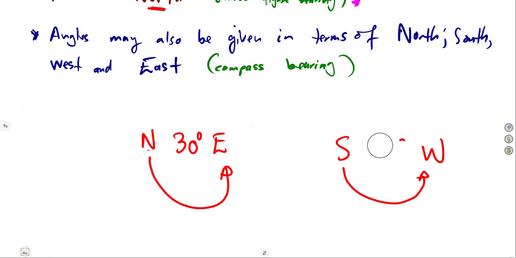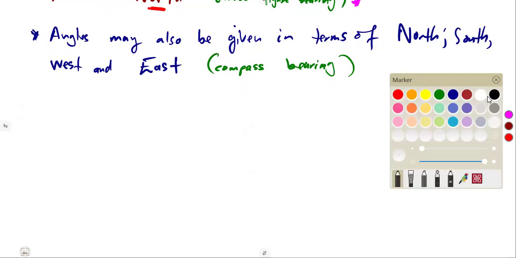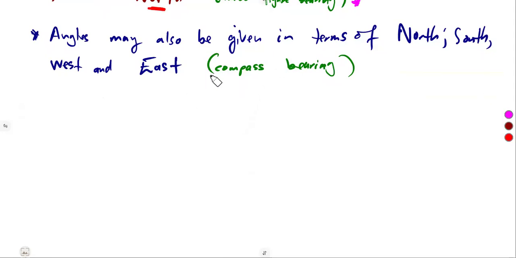All right, let me give an example of this and see how these questions work. They will basically give you a diagram, and on that diagram you must understand the meaning of every part you're given.